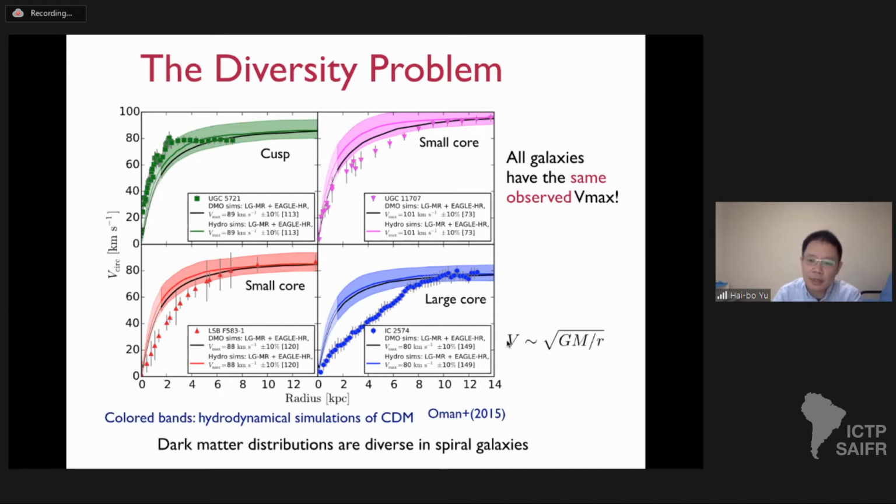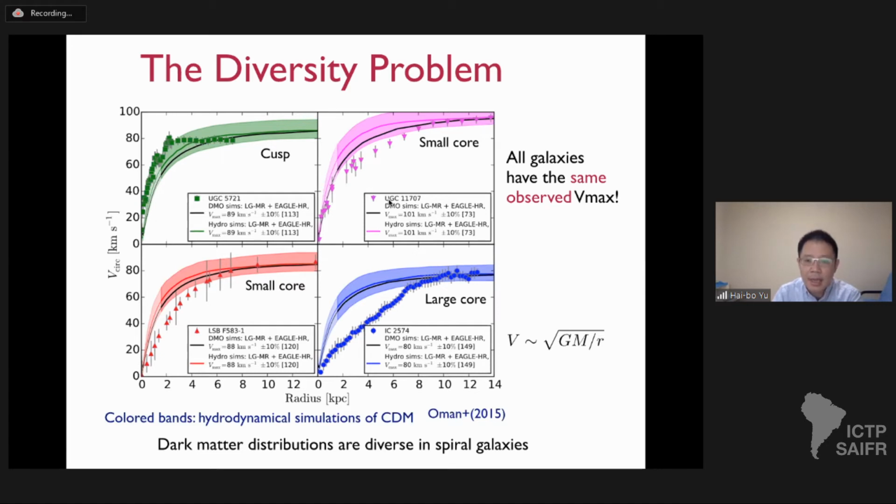That is because the circular velocity is really a measure of the mass profile. In other words, this galaxy's dark matter can have a cuspy profile as predicted in CDM, while for this galaxy, the dark matter density should have larger cores. And these two should have small cores.